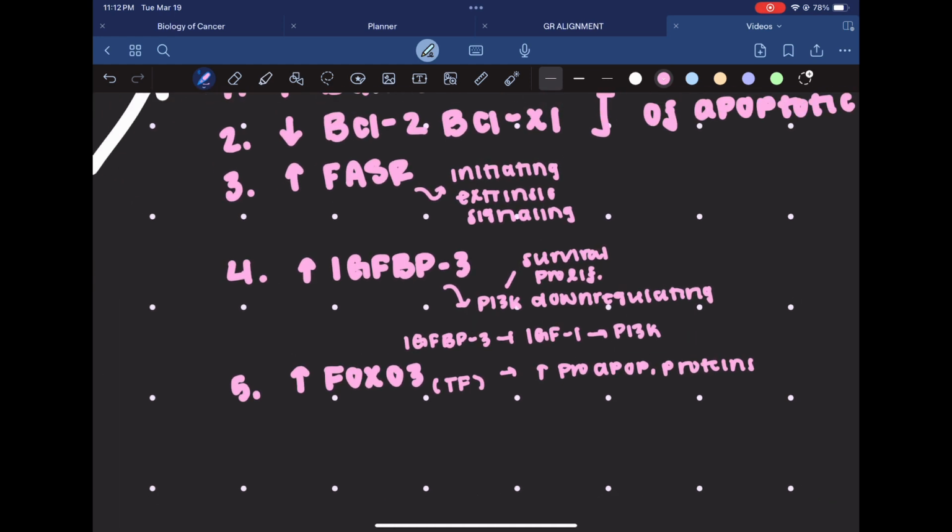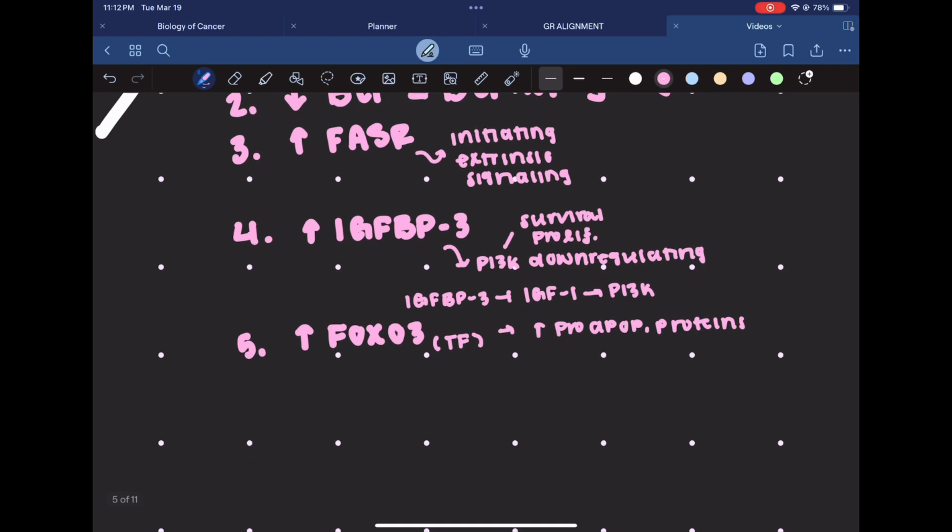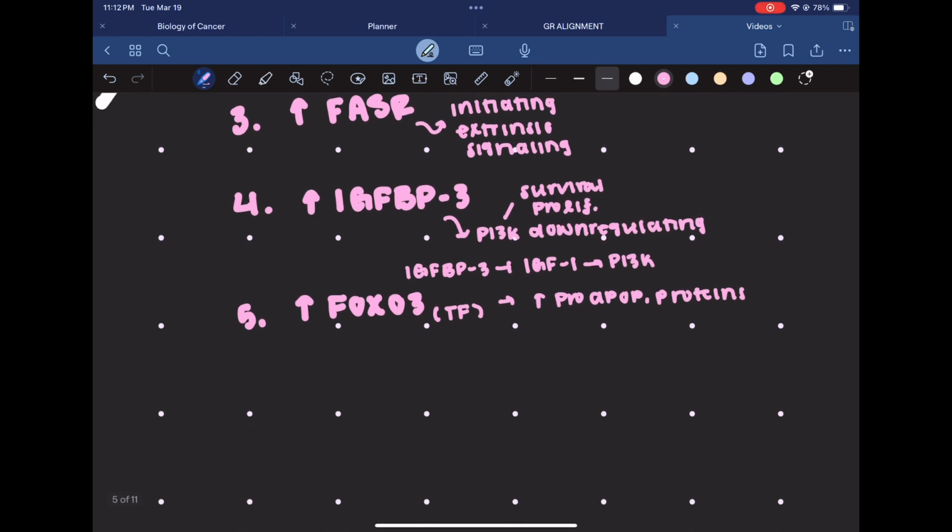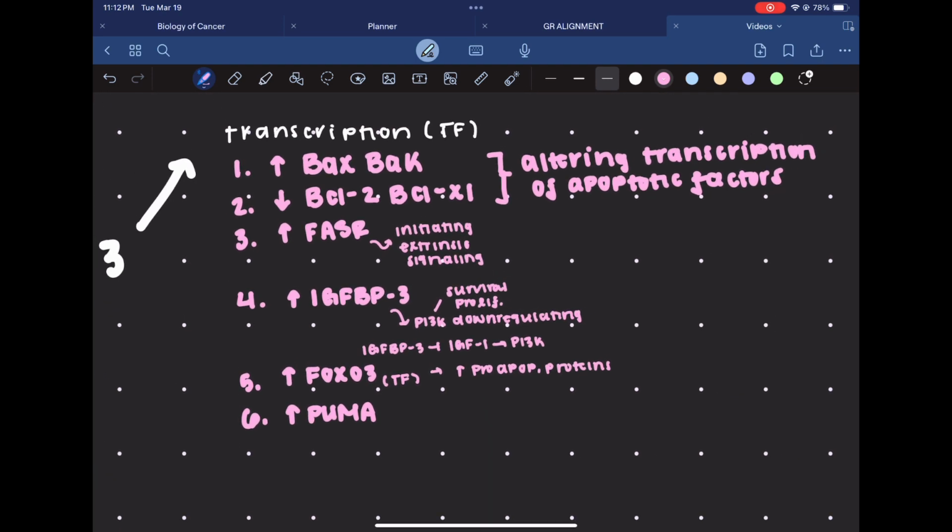So that's kind of our fifth thing that we transcribe. And lastly, we increase transcription of something called PUMA. And we'll talk about that a little bit more in our cytoplasmic functions of p53. But these are our impacts on transcription in particular, as we're altering the levels of transcription for these various proteins.